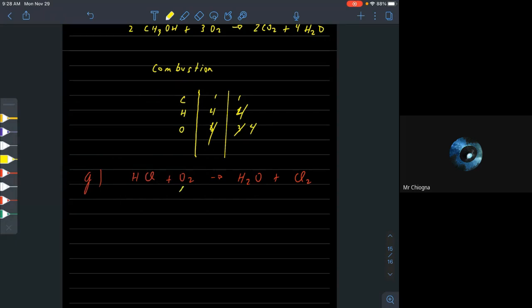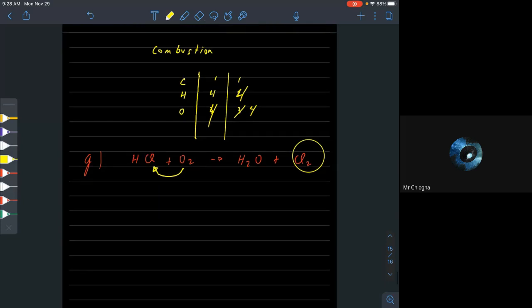The oxygen is kicking out the chlorine. So that chlorine is all by itself. The oxygen is replacing the chlorine. So this is called single replacement. One of the elements, in this case, it's a nonmetal, being replaced by another nonmetal. Single replacement.